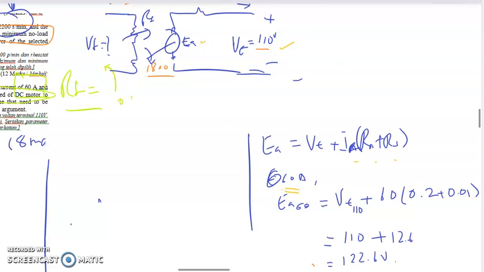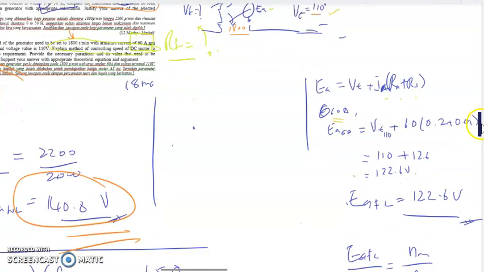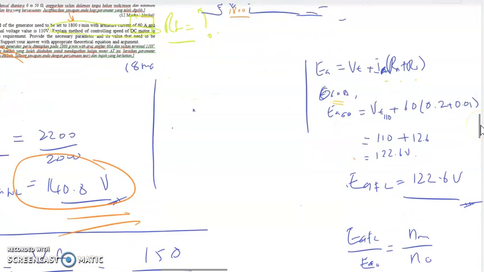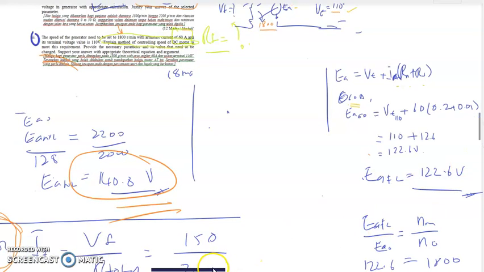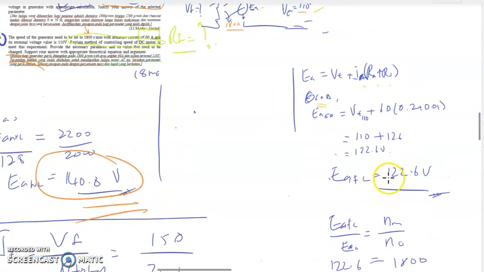You solve it one by one, and you get 12.6 volt. So 110 plus 12.6, we get 122.6 volt of internal generated voltage at this current.